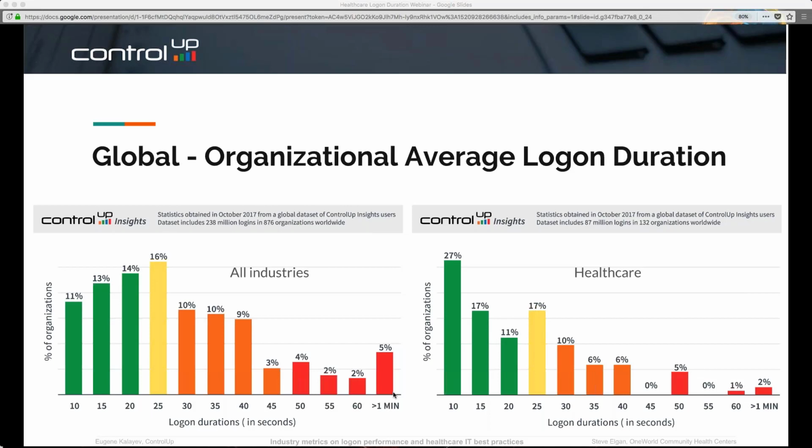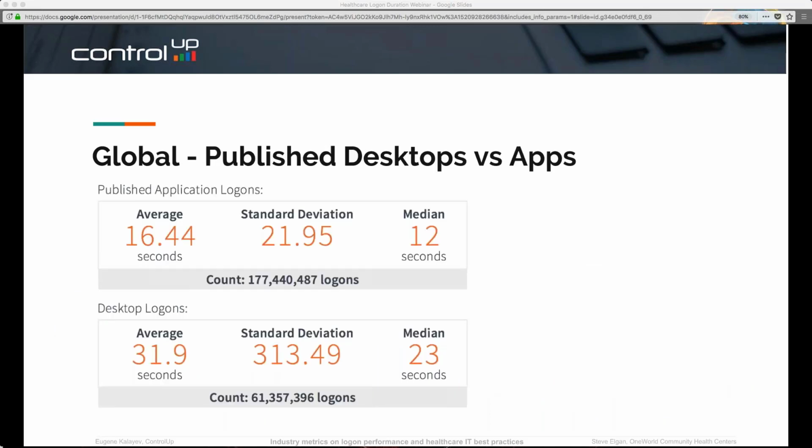And there's another caveat to interpreting this data, which is the distinction between published apps and published desktops. This is also relevant for Steve's environment, which he's going to mention in a bit. From the global perspective, we saw 177 million published application logons.